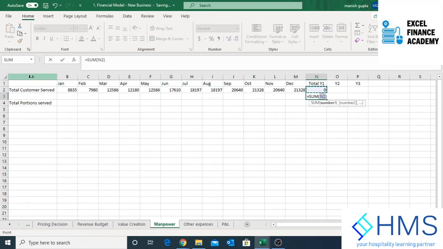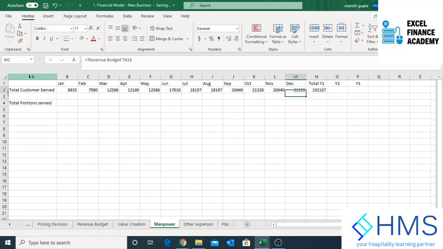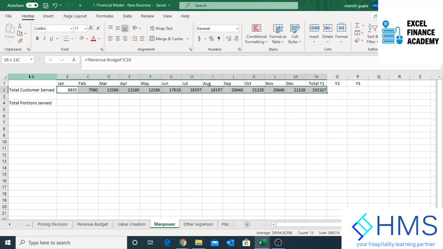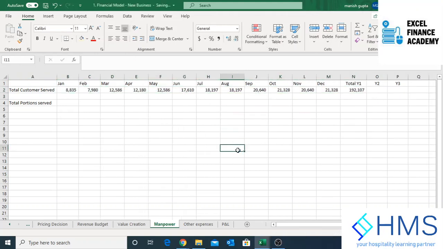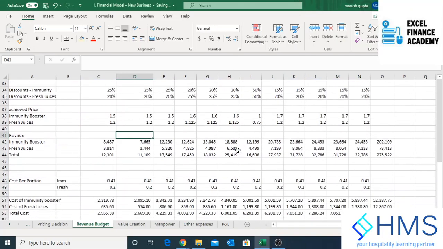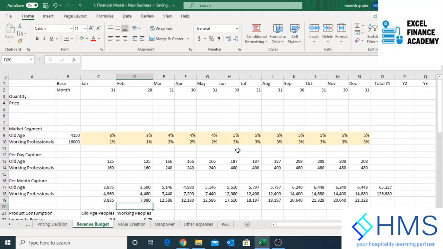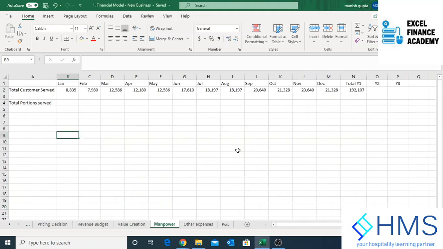Make it total. Yes, so you get your customers. So now you can see the customer served. Why is the customer served in this month lower than the other? Okay, because the number of days is less. Never mind, that's good.